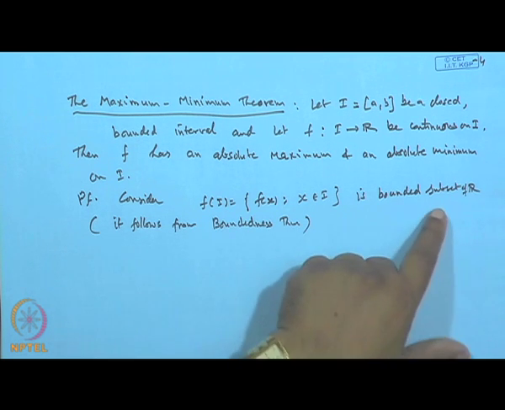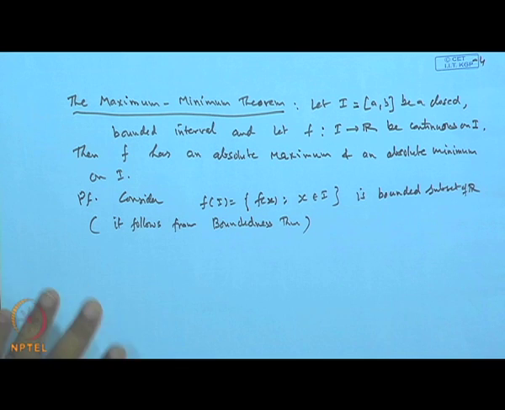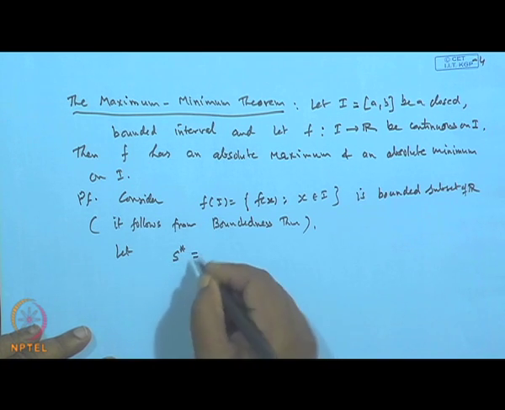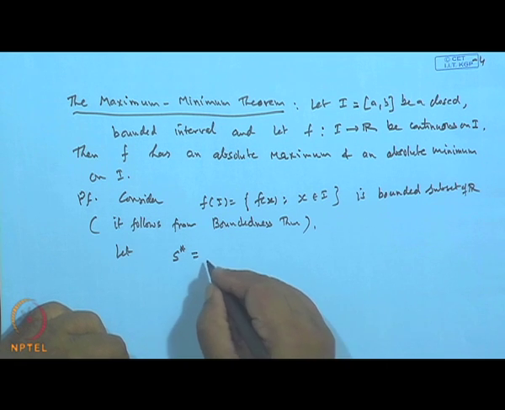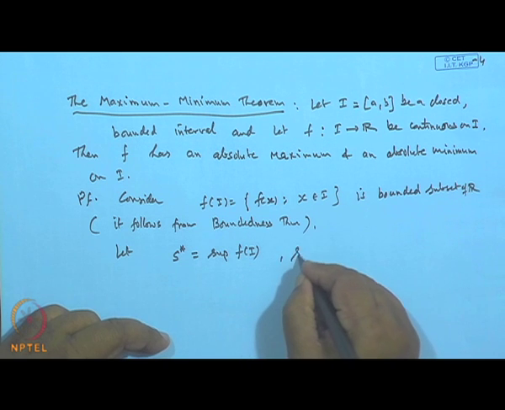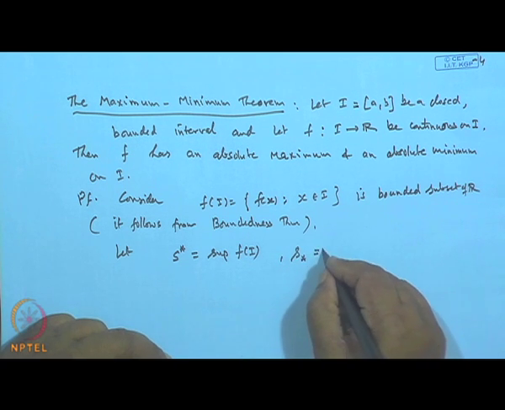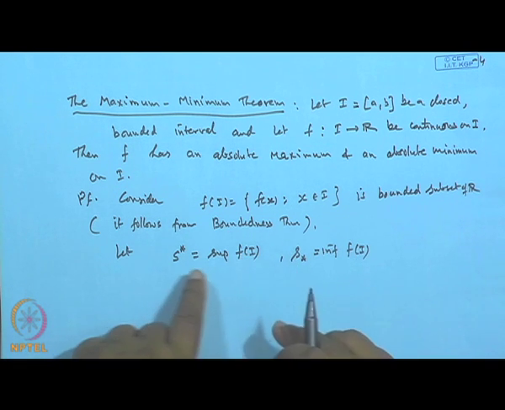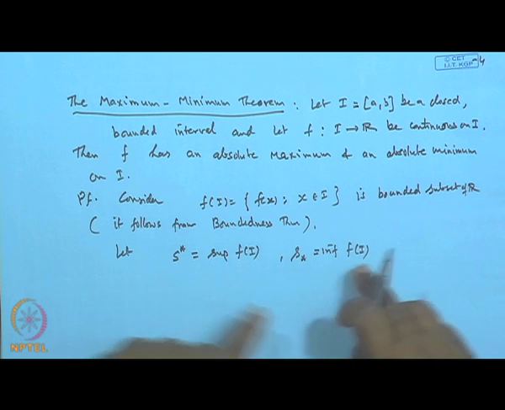So it is a bounded subset of R. Once it is a bounded subset, we can talk about the least upper bound and greatest lower bound. So let us suppose S star is the supremum value of f of I, and S lower star is the infimum value of f of I. That is, the least upper bound of the function f over the interval is S star.